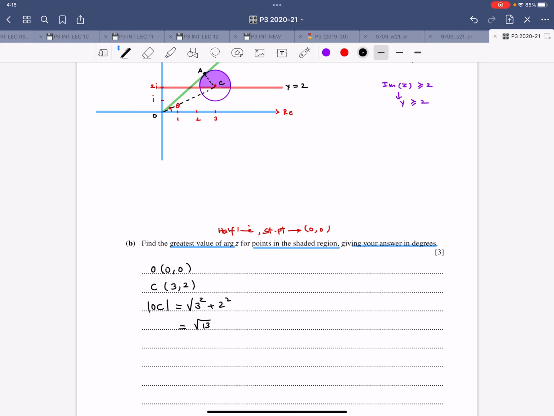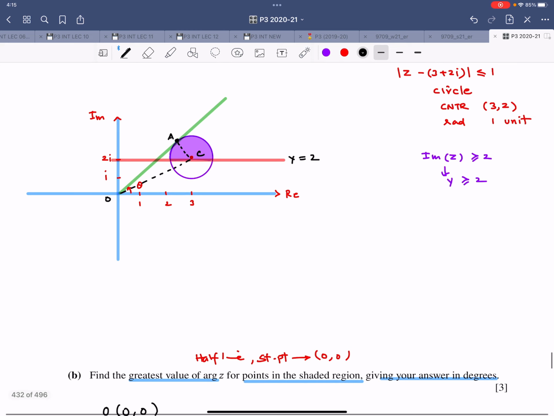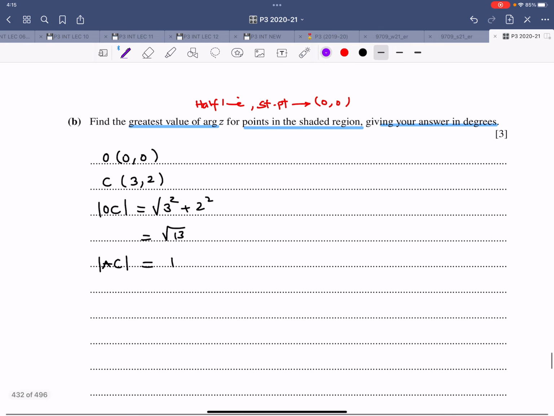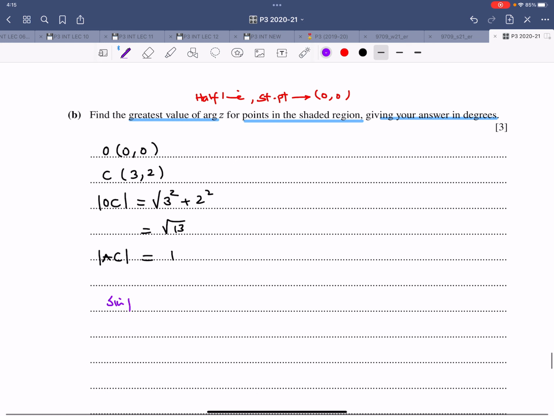And AC magnitude is the radius, which is 1 unit. So I am looking for this small angle. Let me call this beta. So sine of beta is equal to 1 over root 13. In other words, beta is sine inverse of 1 over root 13, whatever that comes out to be.